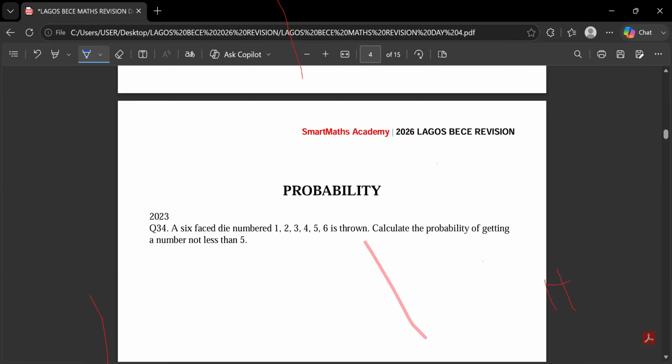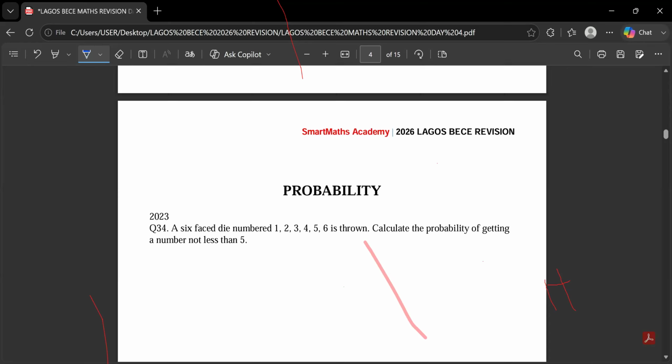Is it possible for tomorrow to be Sunday? No. Tomorrow can never be Sunday. So that is impossible. So the probability of tomorrow being a Sunday is what? It is 0. So that's the reason why probability ranges from 0 to 1. It ranges from what? From 0 to 1.